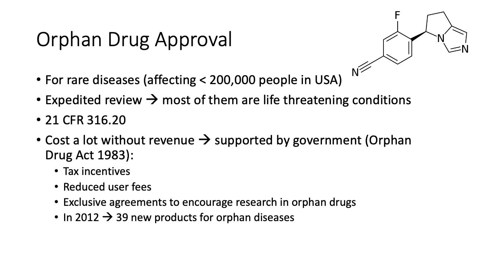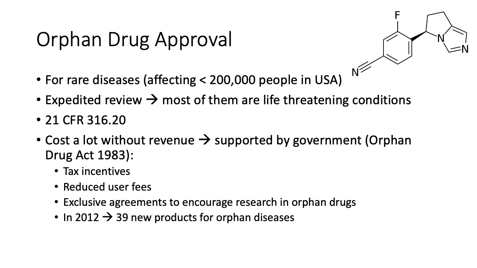And this act, the 1983 Act, gives those companies that develop orphan drugs tax incentives, and they reduce fees on those drugs, and they could even receive exclusive agreements with the government to support their research on those orphan drugs. In 2012, only 39 new products or orphan drugs were approved.